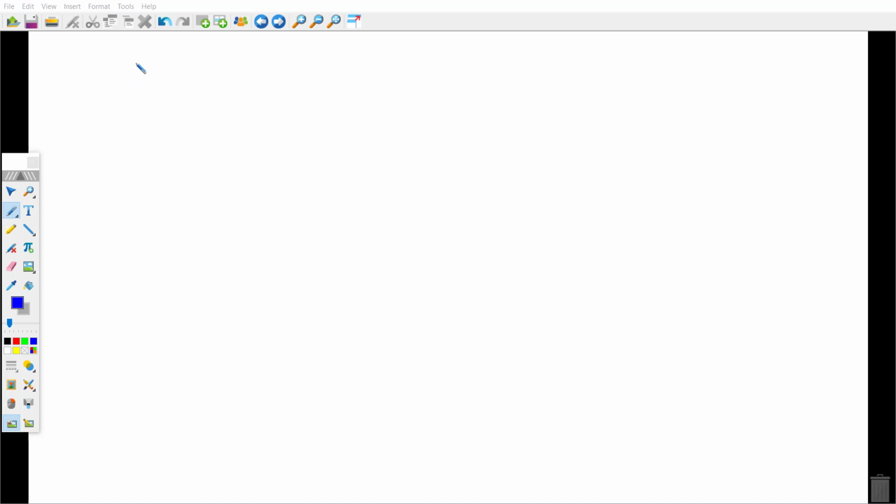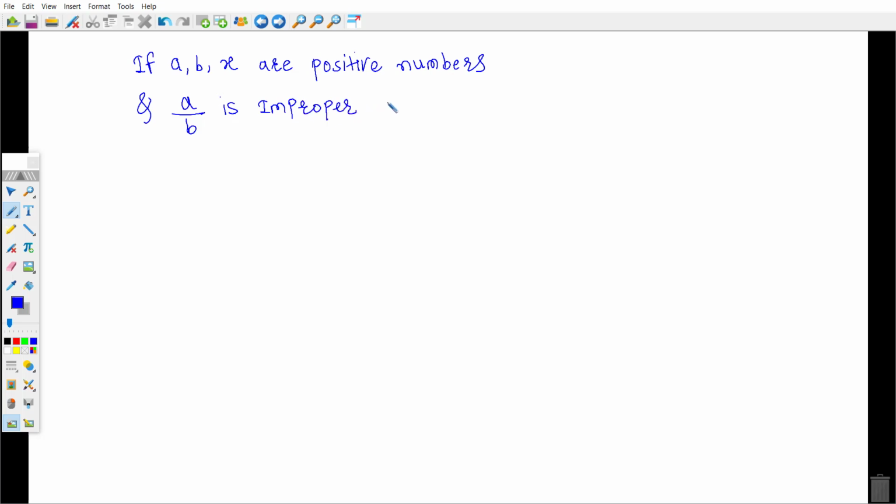So over here the concept is, if A, B and X are positive real numbers, and A divided by B is an improper fraction, improper fraction means the value of A, that is the numerator, should be greater than the value of the denominator.